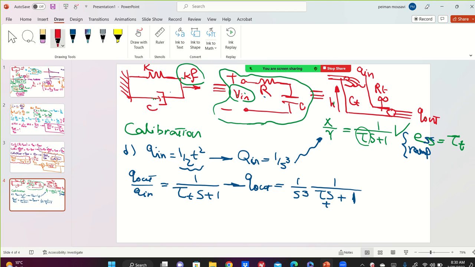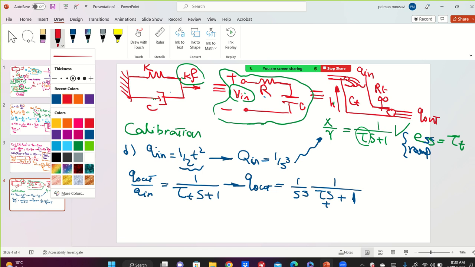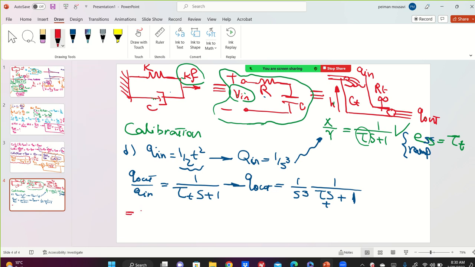As we did for the previous cases, now you can write this as, because we have 3 poles, S cubed means 3 poles at the origin of the complex plane, real, imaginary. So S cubed means 3 poles at the origin, 1, 2, 3.